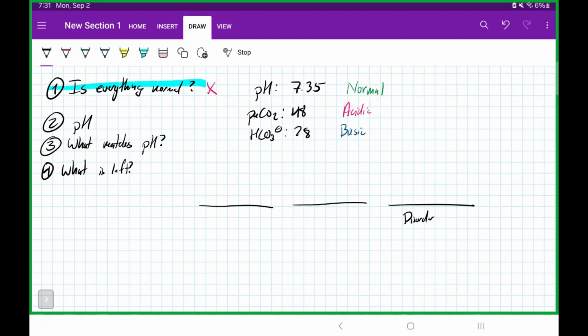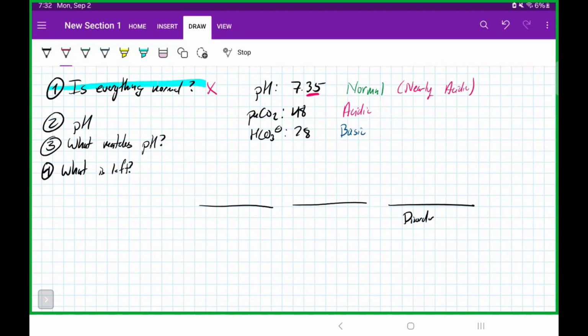So this is the time when we say, okay, so our pH is technically normal, but it's 7.35. If our normal range is 7.35 to 7.45, then we would say that this is nearly acidic. If we had just 0.01 differences in pH units, then this would be an acidic pH.